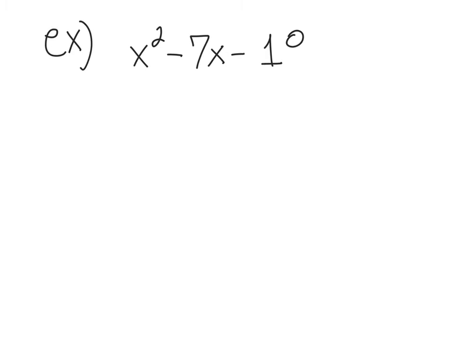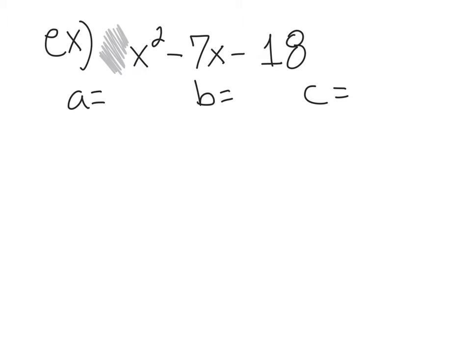Alright, I'm going to show you how to factor one of these. We're going to start with an example here. We'll go with x squared minus 7x minus 18. First of all, I'm going to identify my a, my b, and my c here. That's important. For a, I don't have any coefficient here.